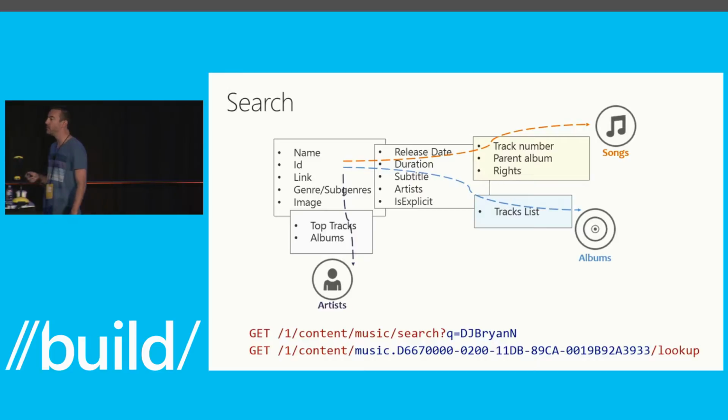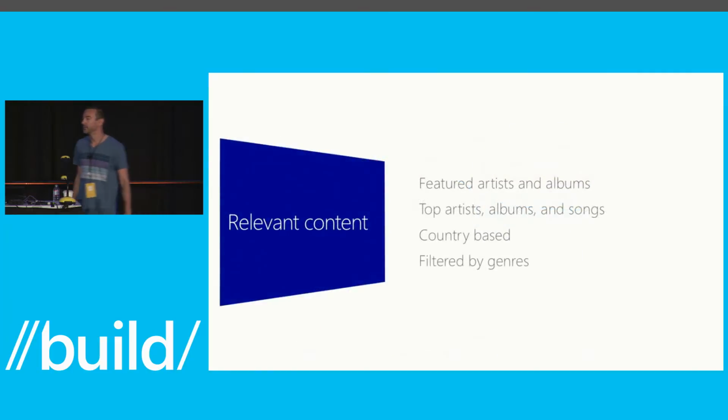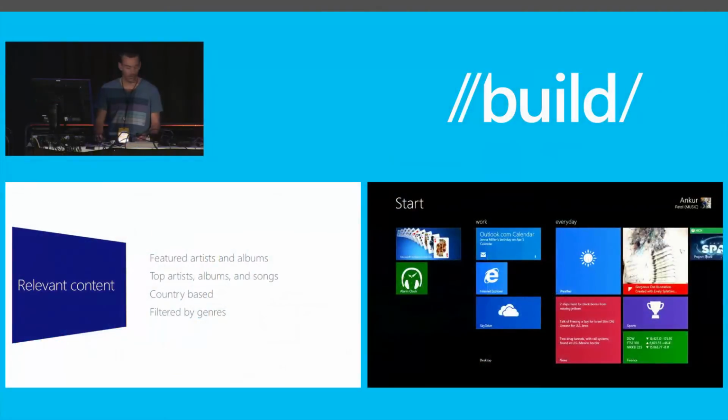But the site is doing more than just search and browse with our API, the Blogger site I showed you. I want to talk about how this guy is showing this featured content, and how he's making it country relevant. Let's bring that back up.